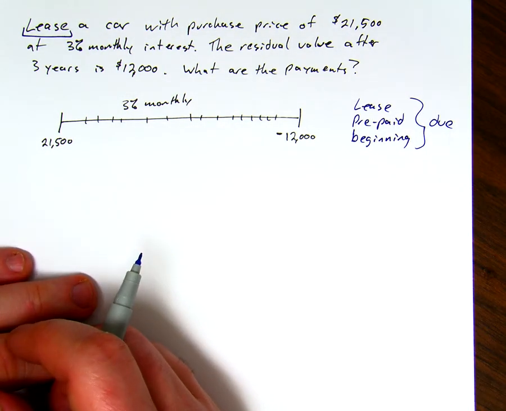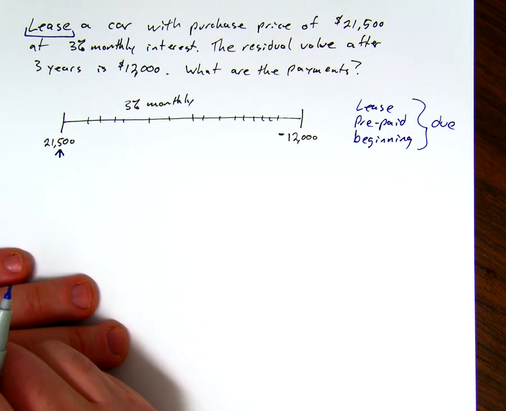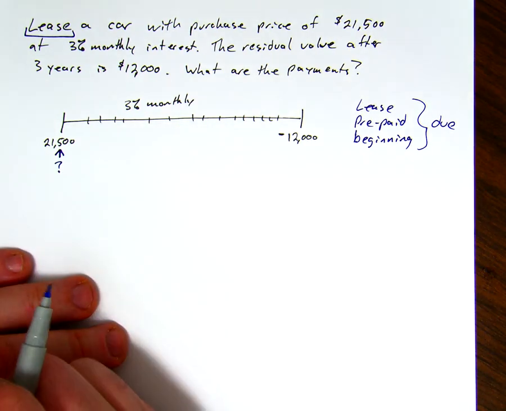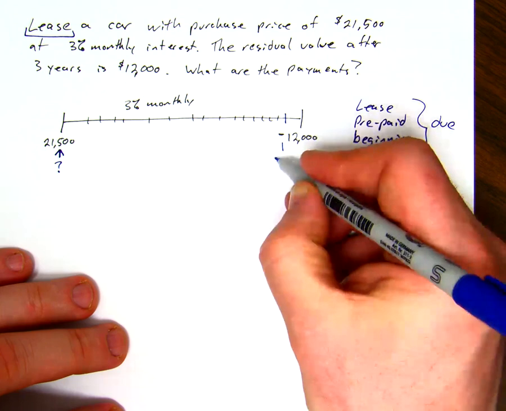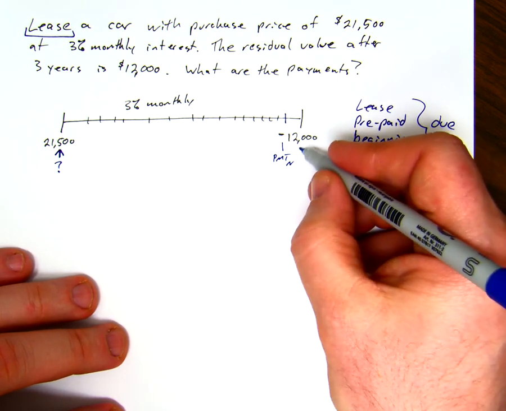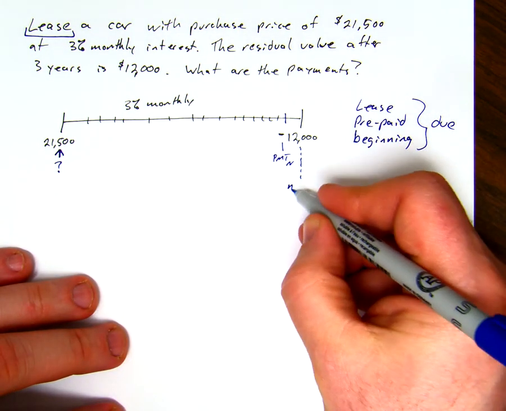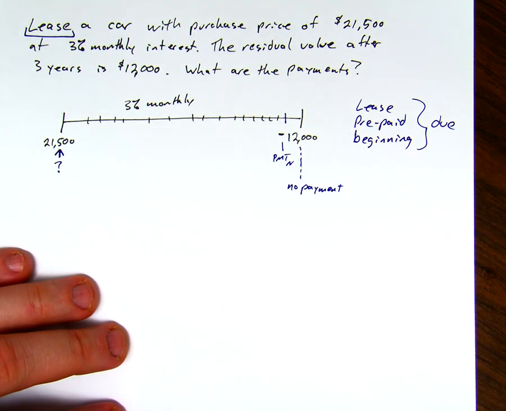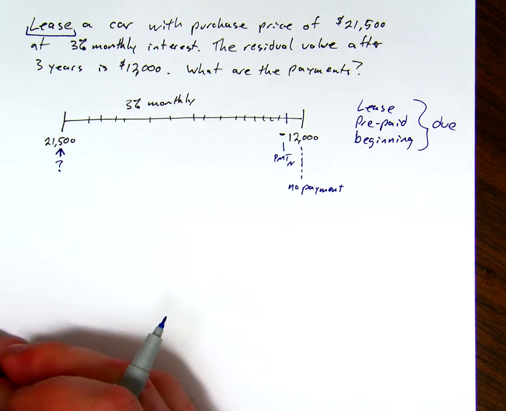In annuity due, the first payment, which we don't know yet, is going to be right here at time 0. The last payment is going to be there, and we're not going to have a payment here.